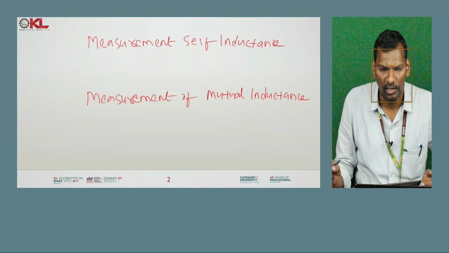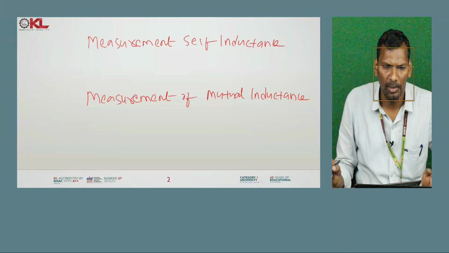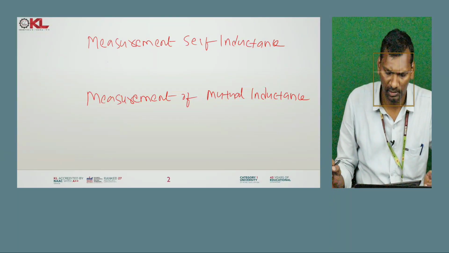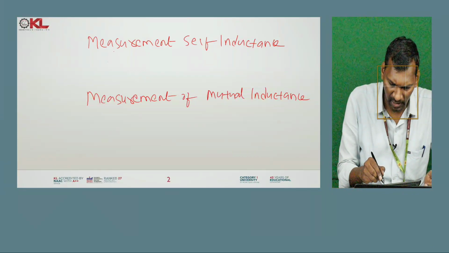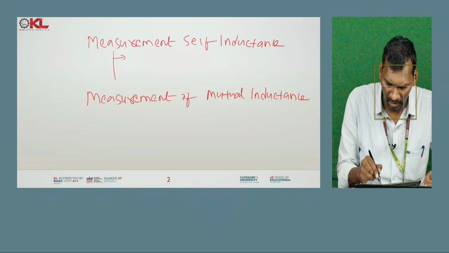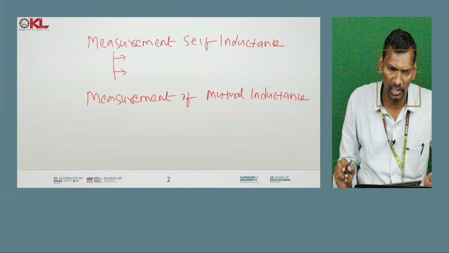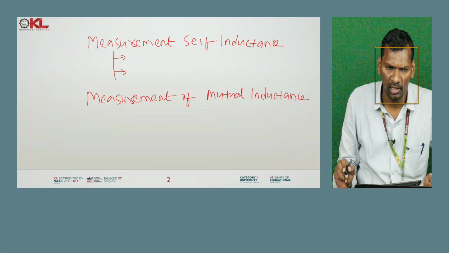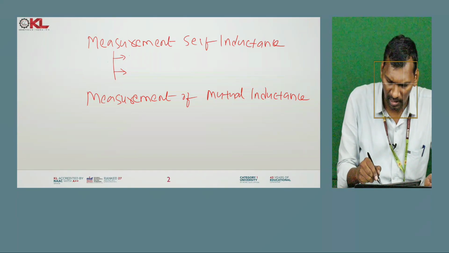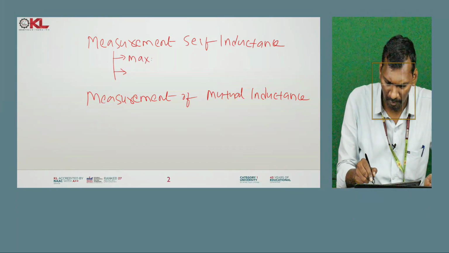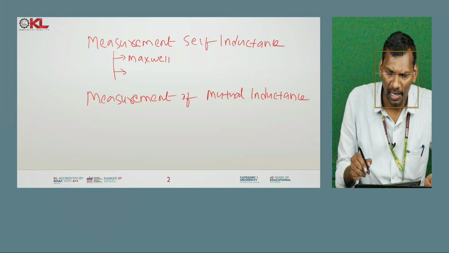Coming to this, first of all, let us see the measurement of self-inductance. This measurement of self-inductance can be done in different ways by using different types of bridges. In that one, the first one is Maxwell's bridge.